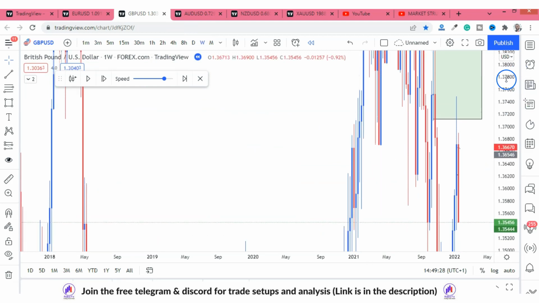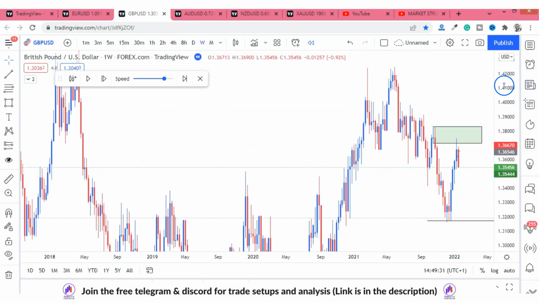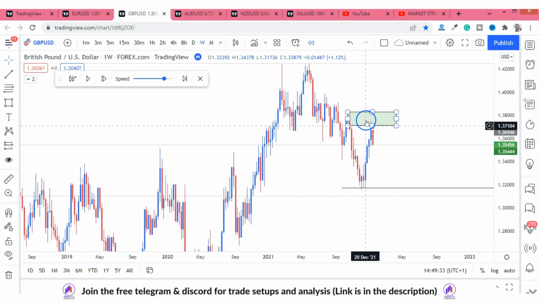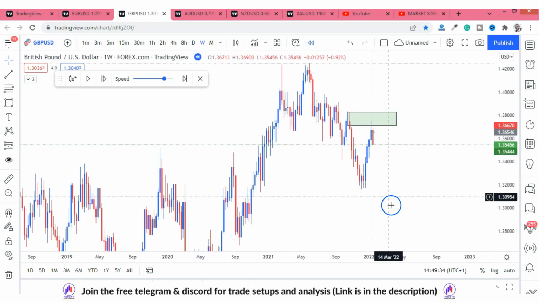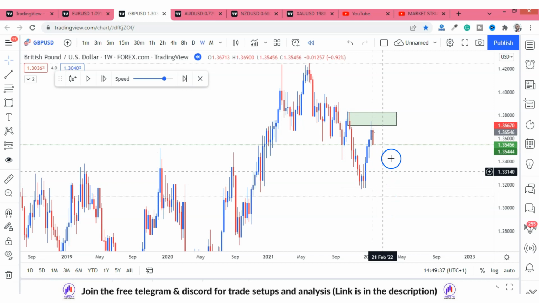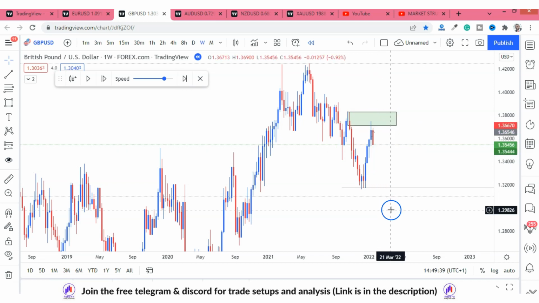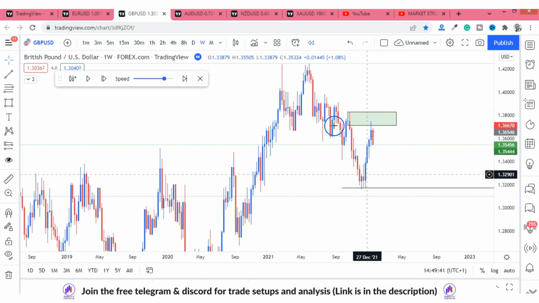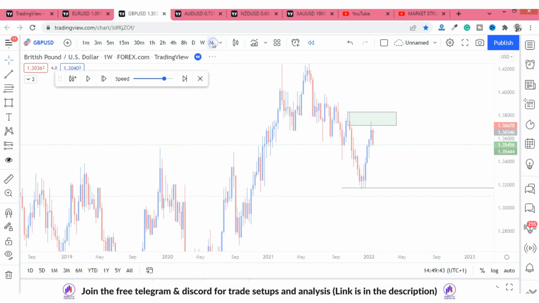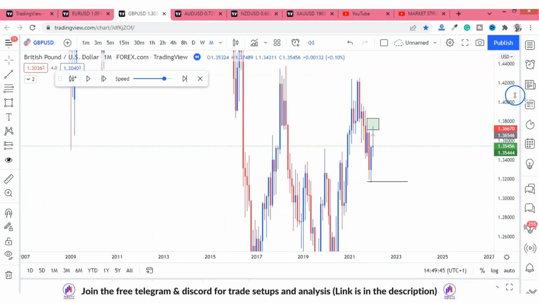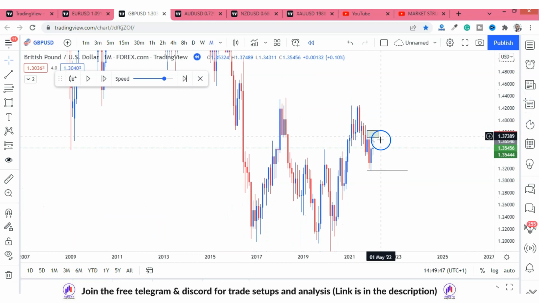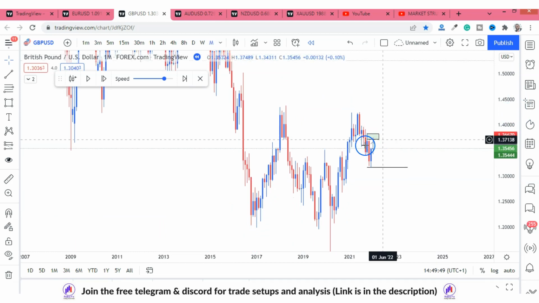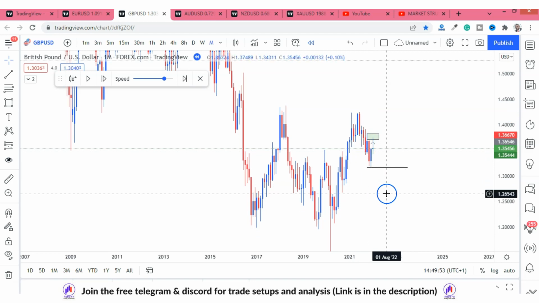You can see our weekly is telling us bearish, okay, because we are trading a new impulse leg, a new impulse leg. But in the monthly, we are trading a retracement. Okay, we are trading a retracement, you can see.